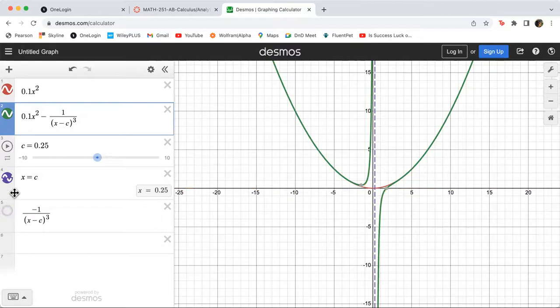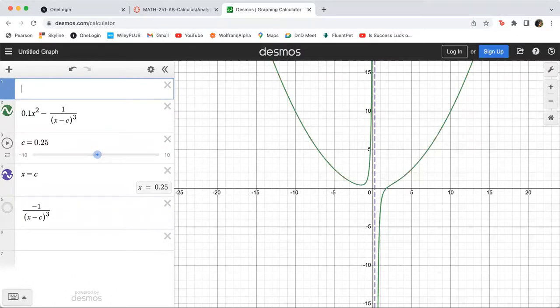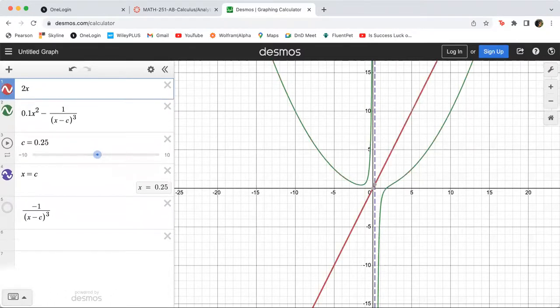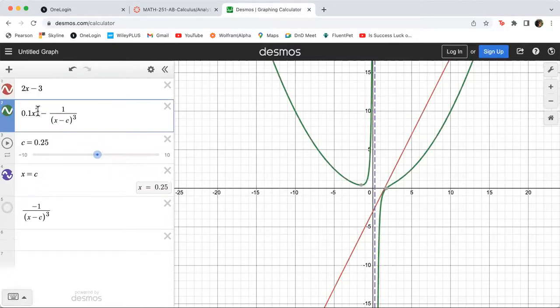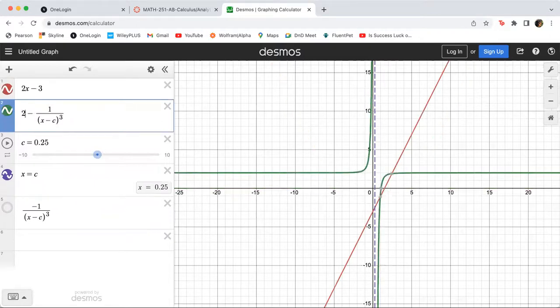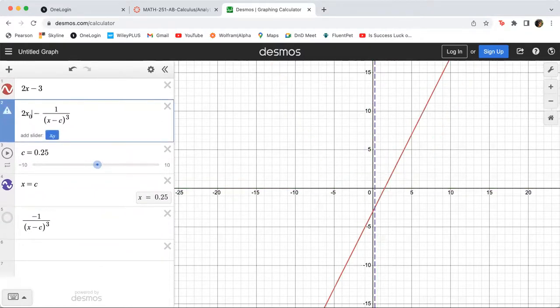okay, this one could go, and I change my... let's just make it like 2x minus 3. Oops, minus 3. And I change my polynomial here to the same thing, 2x minus 3.